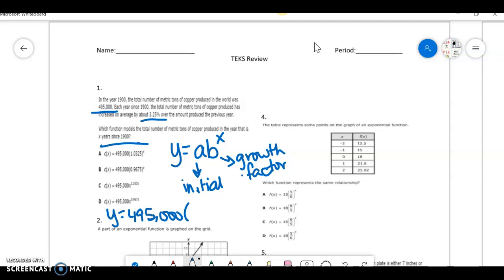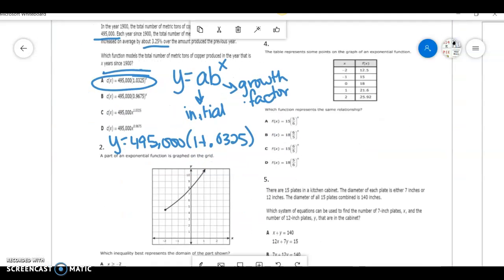And then remember how we had this before, 1 plus, because it's a growth, 3.25. Now that's a percent, so we need to go 1, 2. So we can erase this. And after we've changed it to a decimal, 0.0325. So that is going to be letter A, because it's always to an x power, not to a numerical power. Come down to number 2.